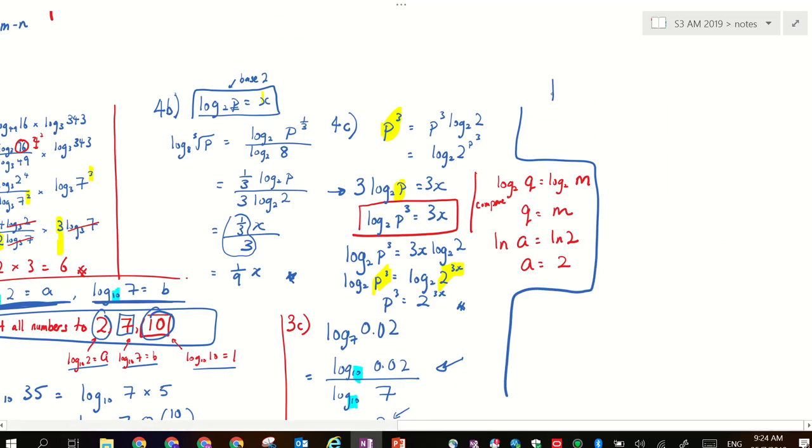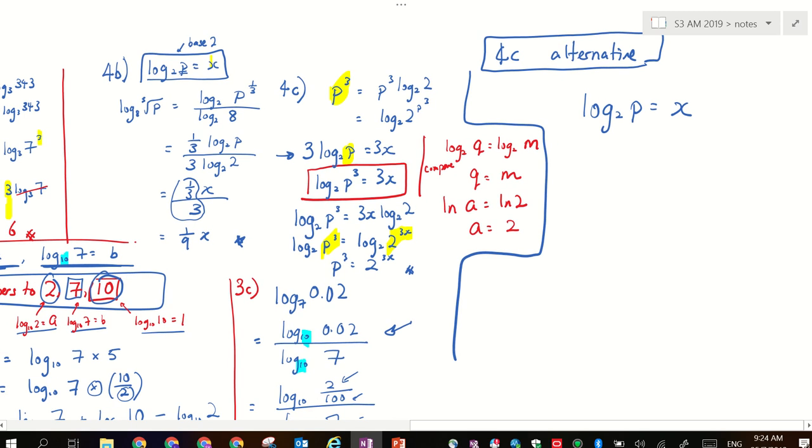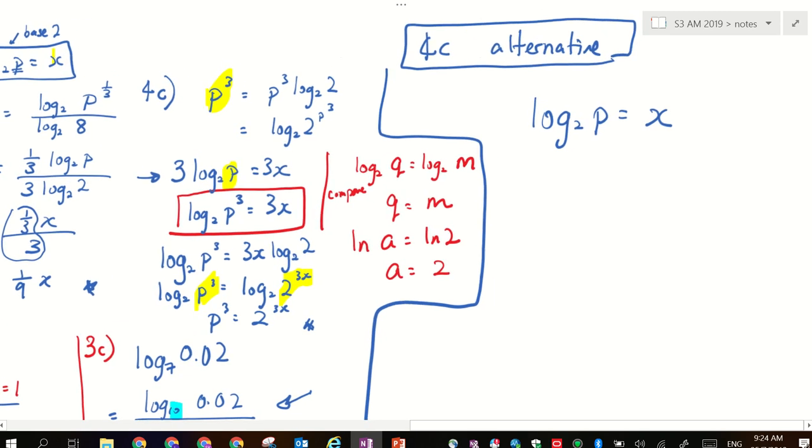Now, I call this 4C alternate. Now, listen. If you don't understand the first method, then hear the second method out.